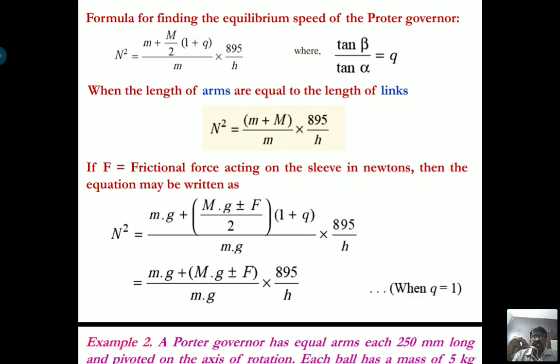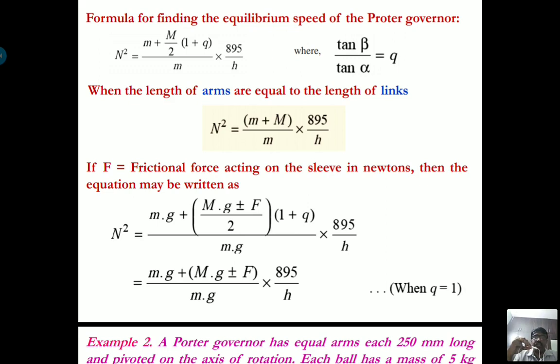So in this situation we can use the following formula, which is N² is equal to (mg + Mg ± F) divided by mg, into (1 + q) divided by 2, into 895 divided by h.